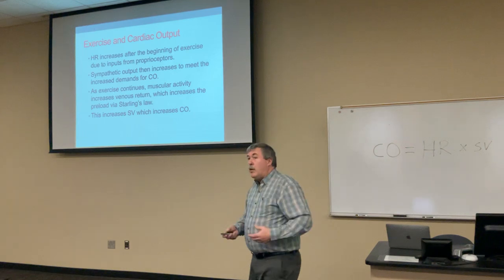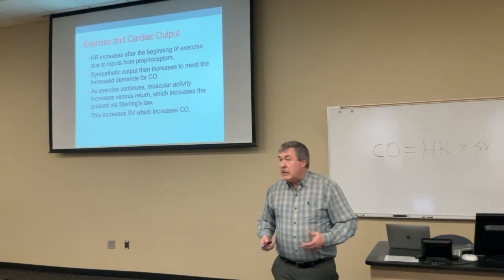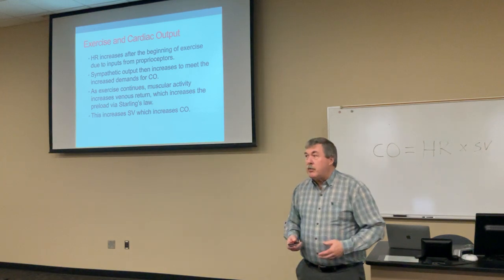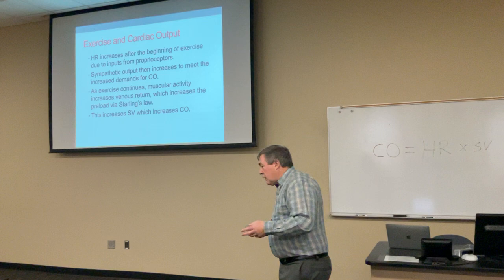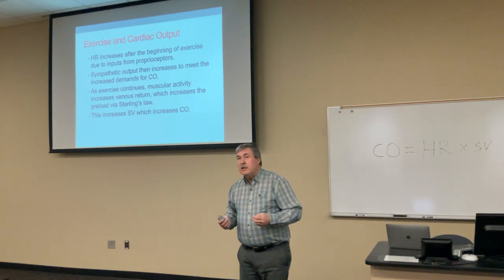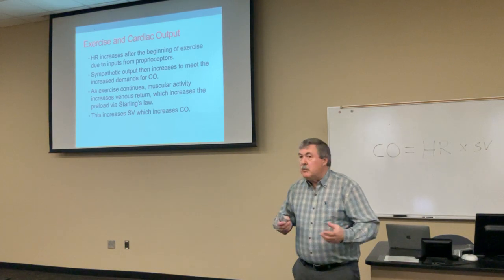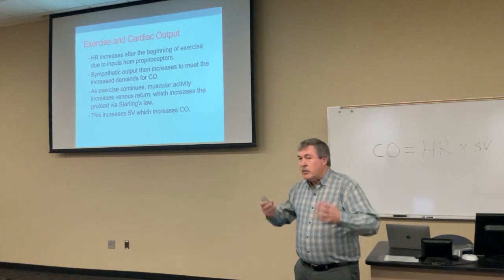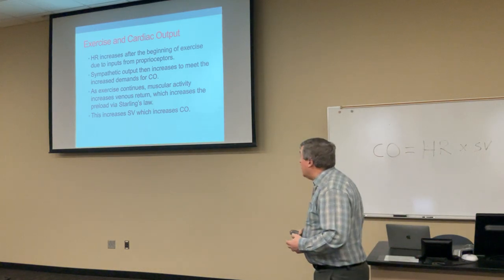But once you get started, when you start moving, that movement is going to stimulate those proprioceptors. Proprioceptors, remember, are concerned mainly with monitoring the position and movement of body parts. So your brain knows where your limbs are located during an activity.